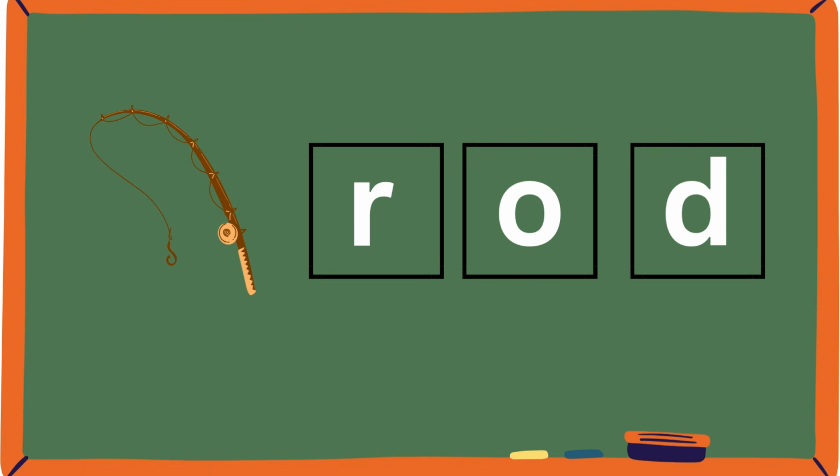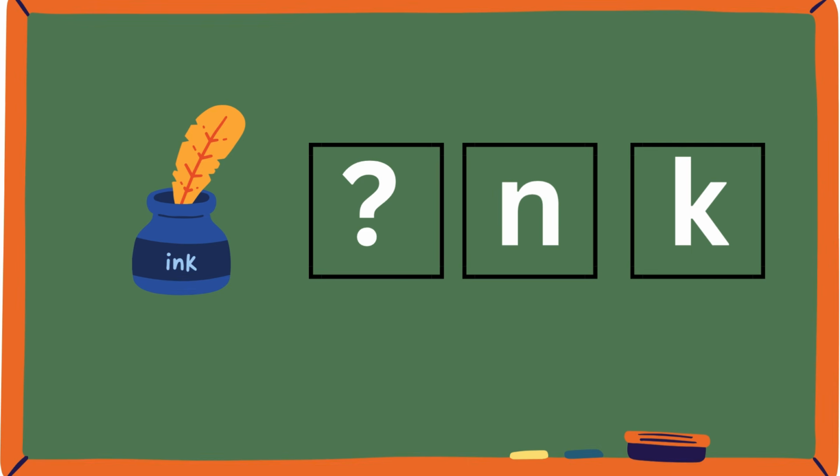So, O can be sounded as O or O. Yeah? Say the two sounds with me. O and O. So in this case, this is the O. Okay? Rod. Yeah? Perfect.